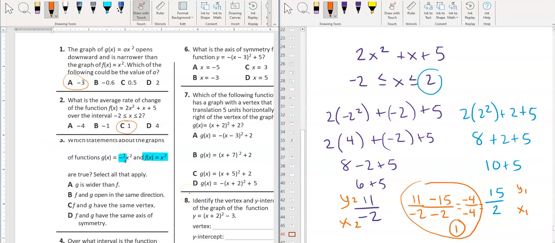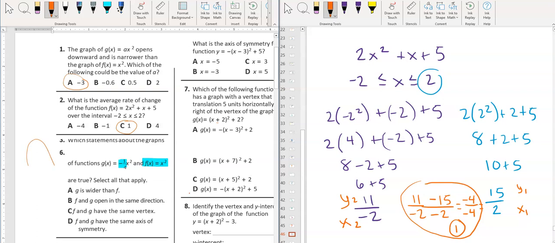It's going to be a downward slope, and this is less than 1. Because the absolute value of a is still less than 1, it is going to be wider than our parent function, okay? So those things I already know.